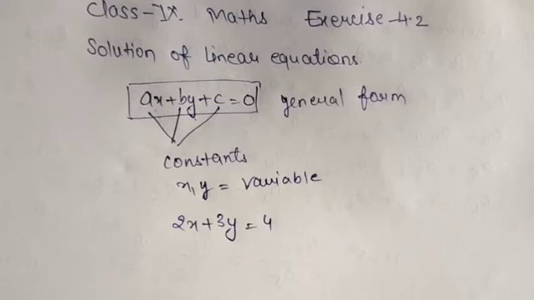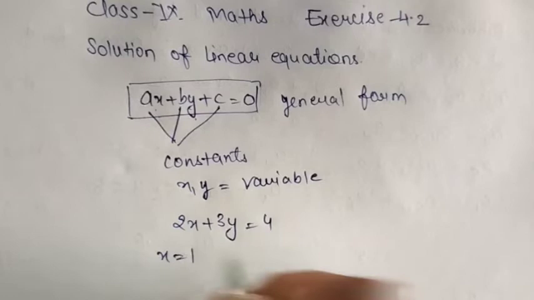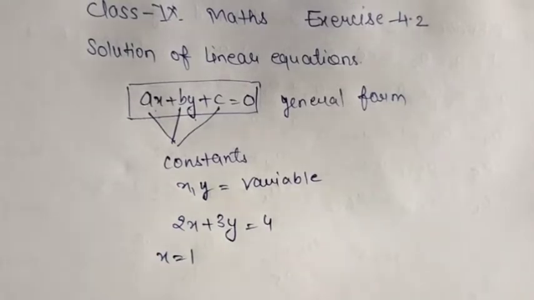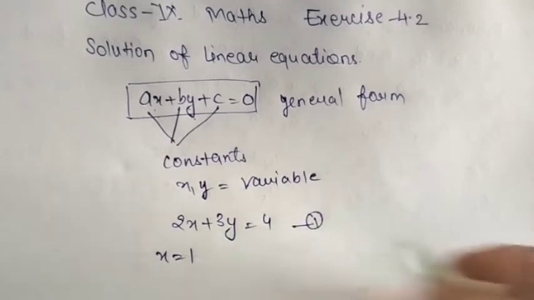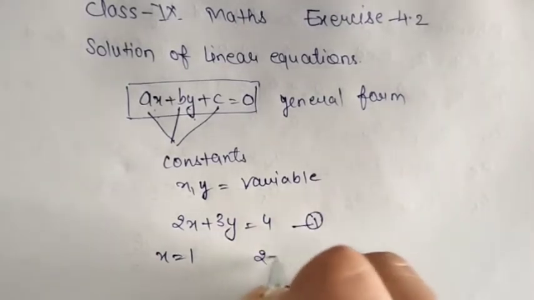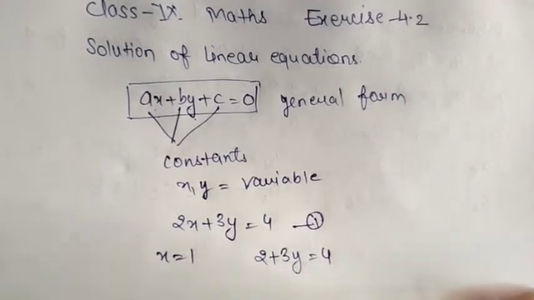Okay, so we can easily find the value of x and y by putting one value constant and the other we can find easily. How? Suppose I put x equals to 1. Okay, so if I put x equals to 1 in this equation number 1, we will get 2 plus 3y equals to 4.